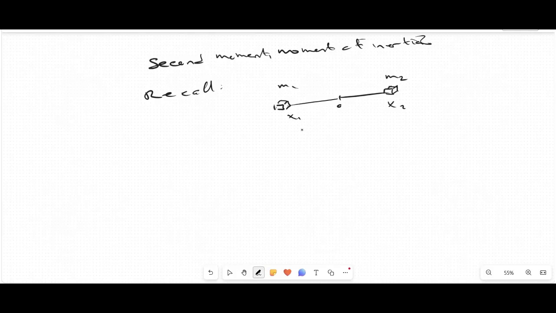If instead of taking x1 m1 and x2 m2 and dividing by the total, we squared x1 and then x2, this gives us the second moment. I think they call this I. I'm just going to call it I, in one dimension, the moment of inertia.